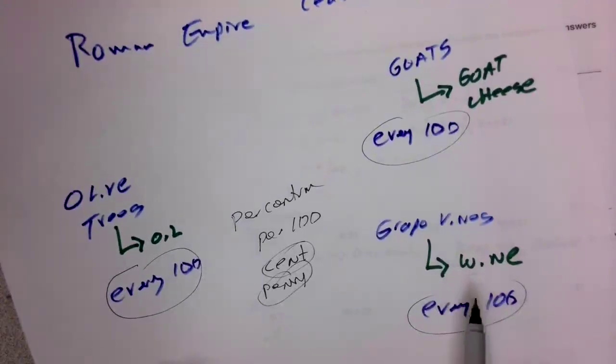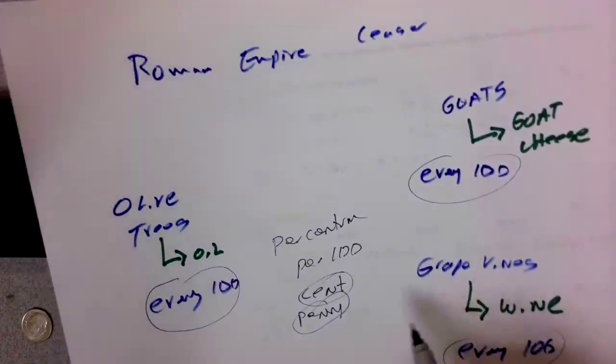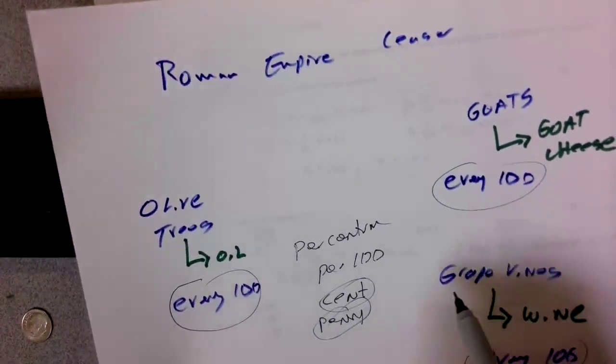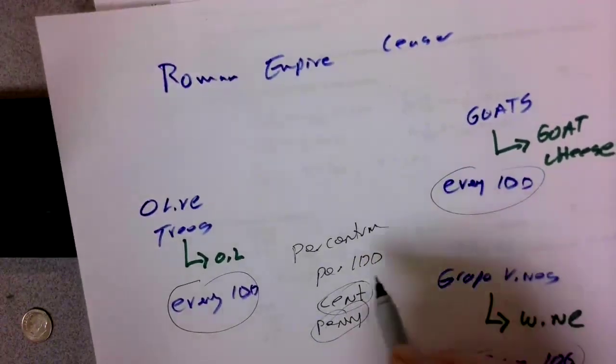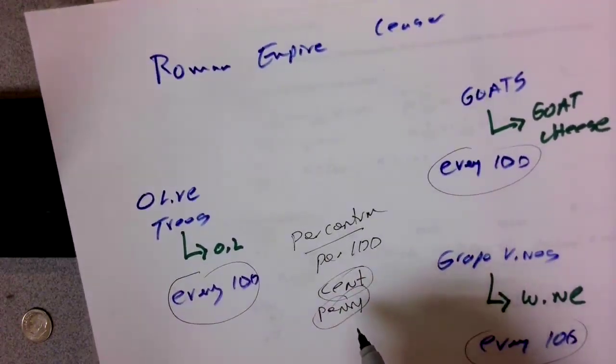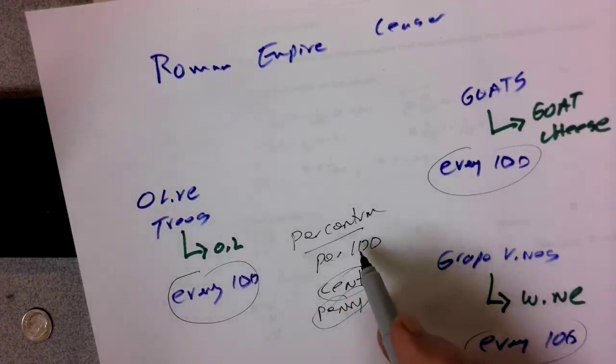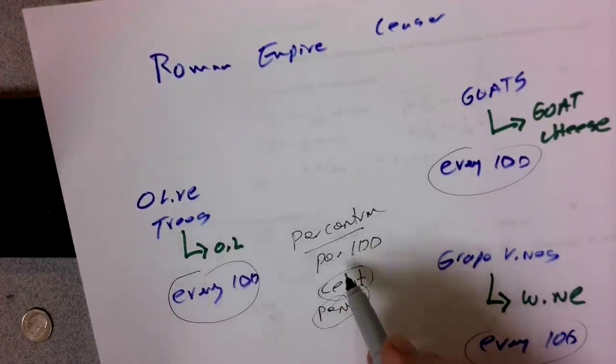And if you had grapevines, I want the wine from 100 grapevines. And so this became known as the per centum, meaning per hundred. And we even get our denomination name for our penny, the cent, from this notation, because it takes 100 pennies to make a dollar.